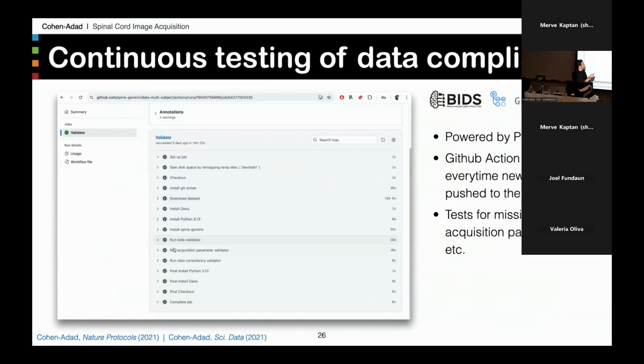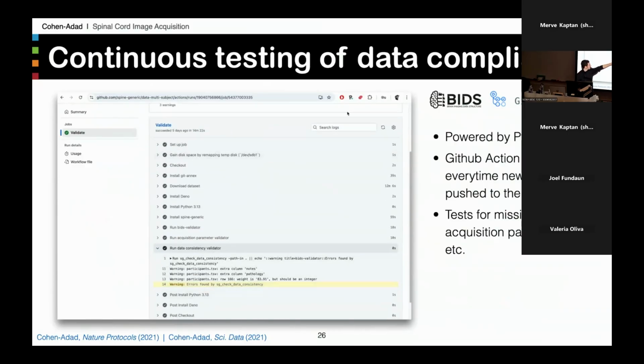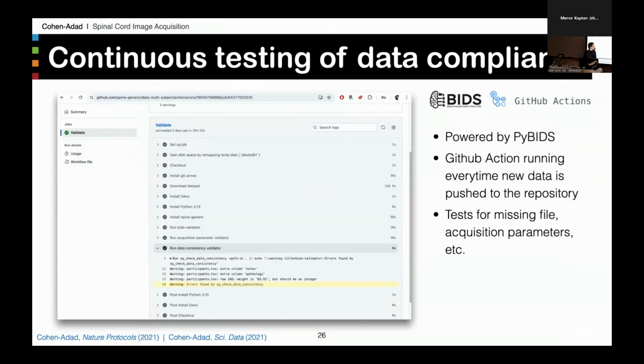It can validate if the data is according to BIDS. It can also validate that the parameters are correct, are within an asked range according to the Spine generic protocol. It can also check that the TSV, the CSV files are correct, and it really saves a lot of human work and makes it also more reproducible.